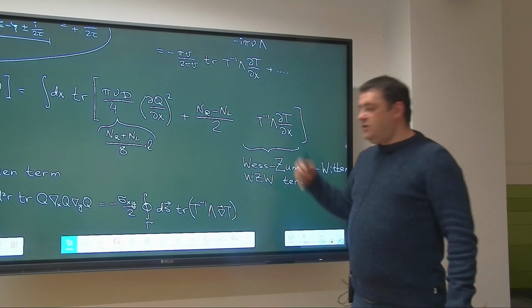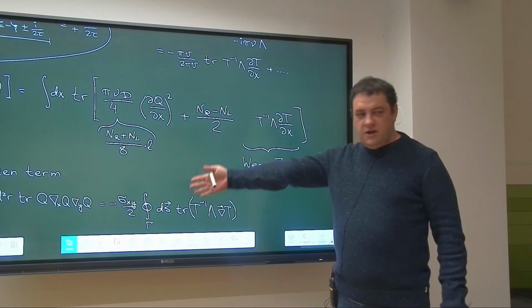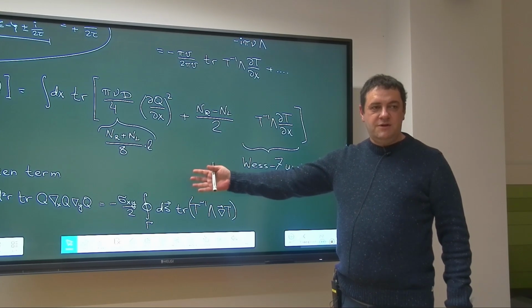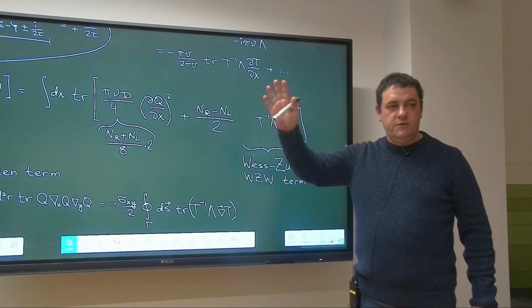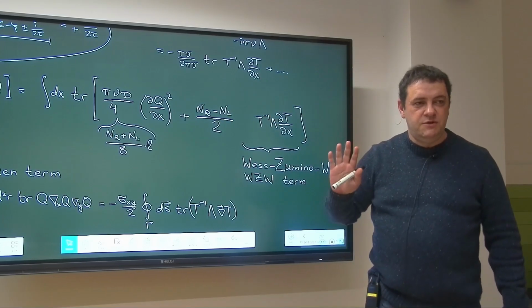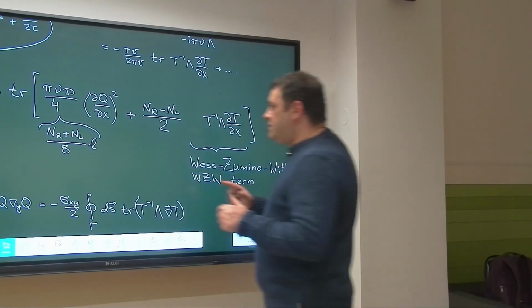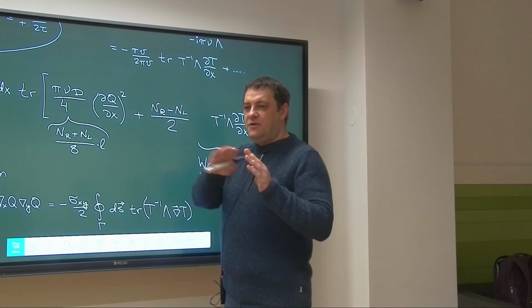We have just derived the sigma model together with the Pruskin term. Last time I told you the Pruskin term was derived by Pruskin. Nobody can repeat this, which is correct. What we did now, we derived the sigma model for the edge, not for the bulk.